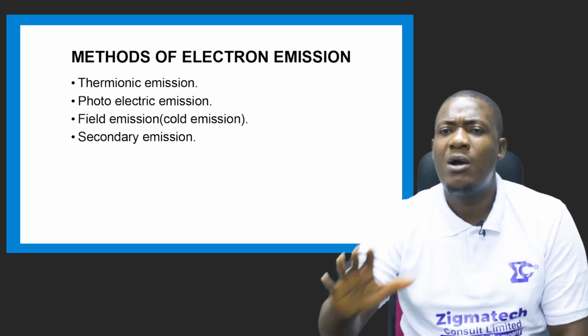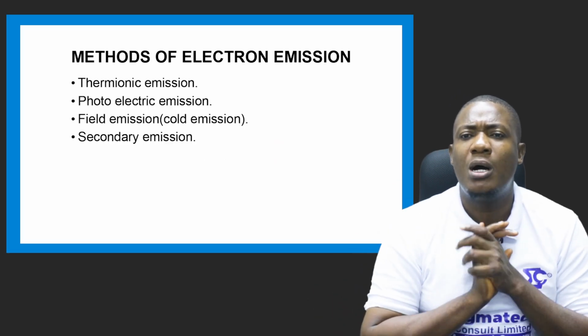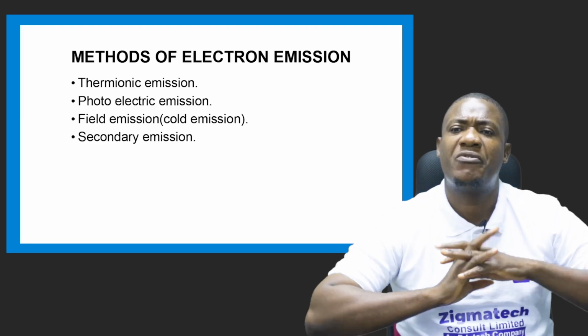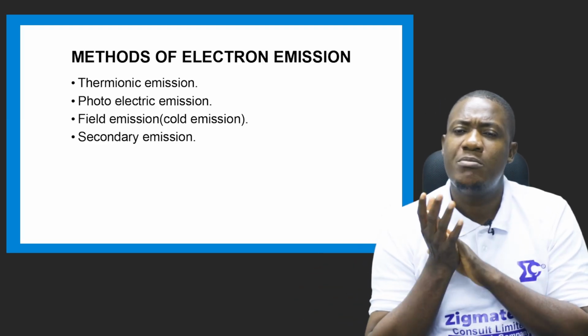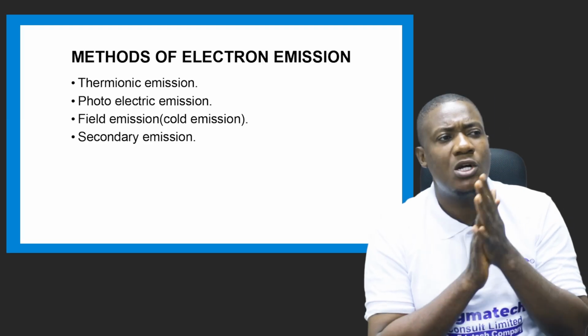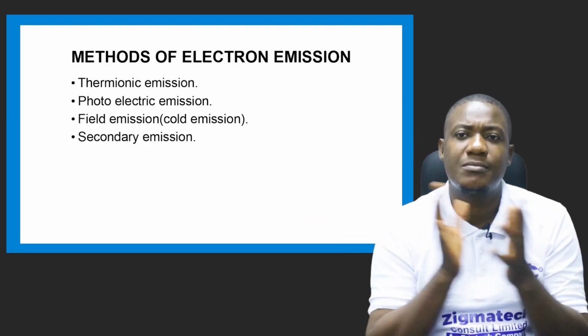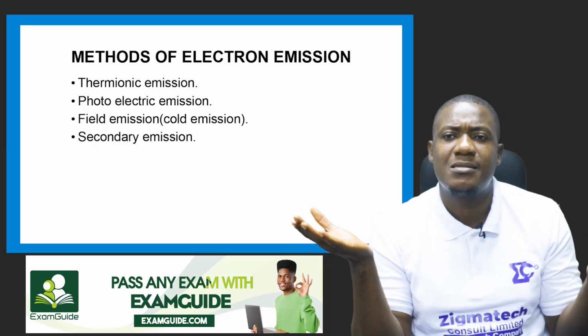Now electrons can also leave the surface of a conductor through a process we call photoelectric emission. Photo here means light.